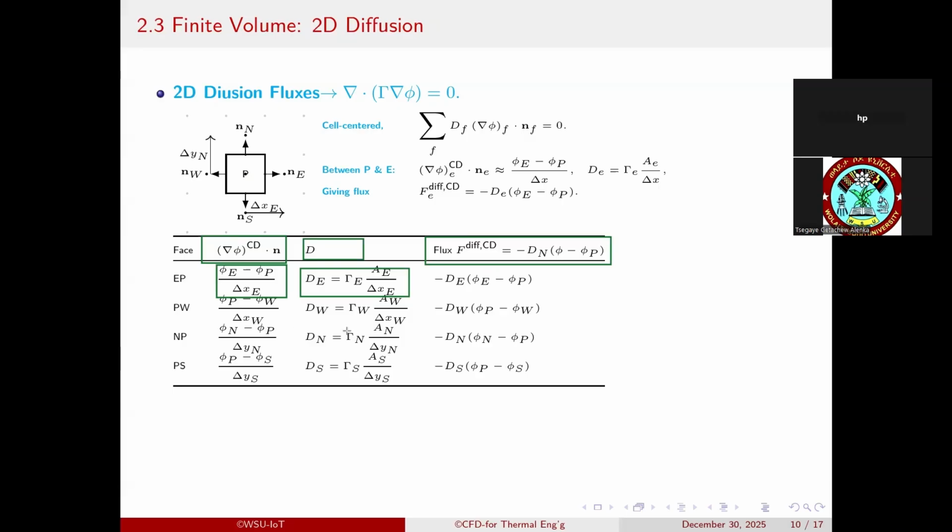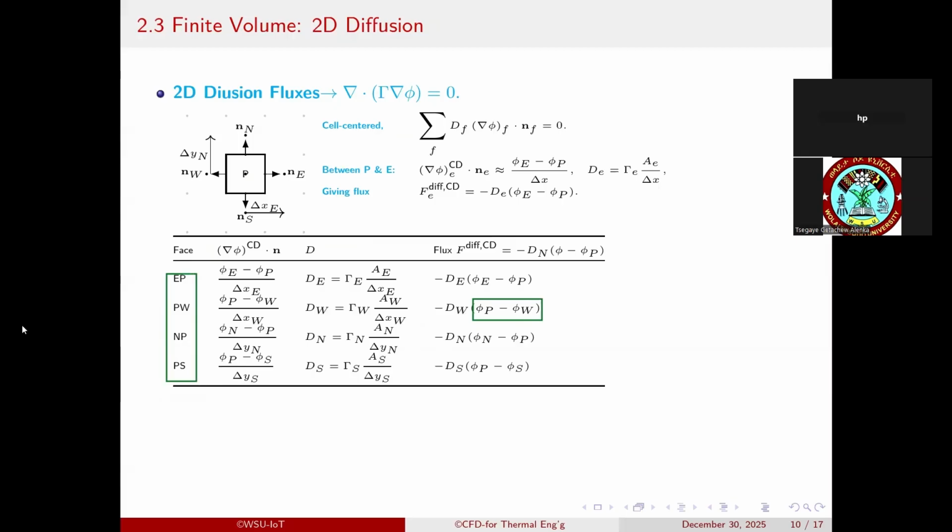And the third header is flux, which is the product of the face diffusion factor and the central difference, with 4 row headers being west, east, south, north.